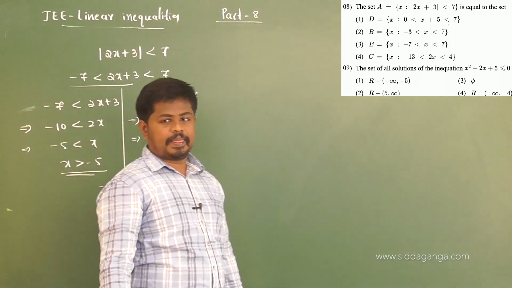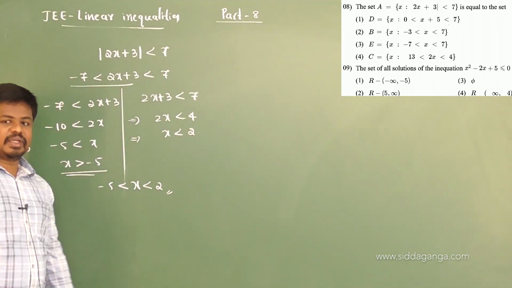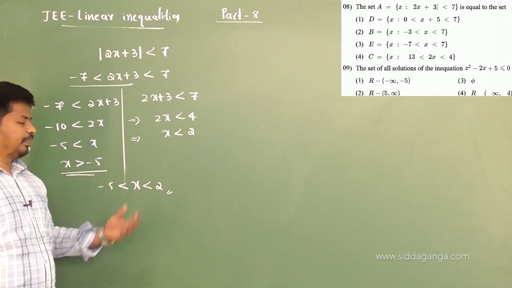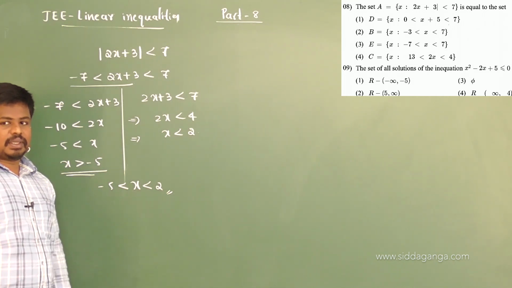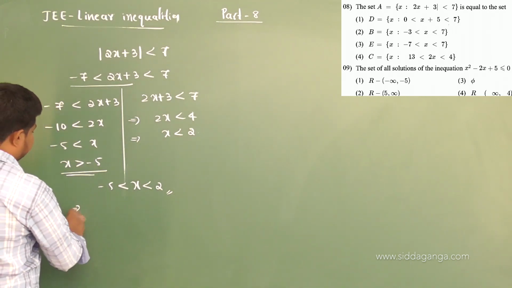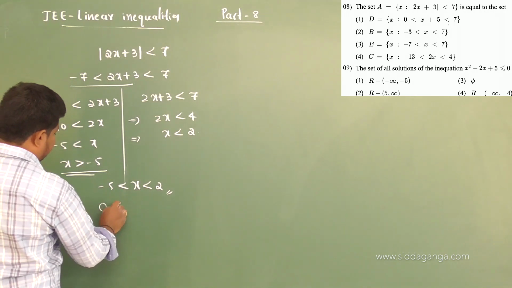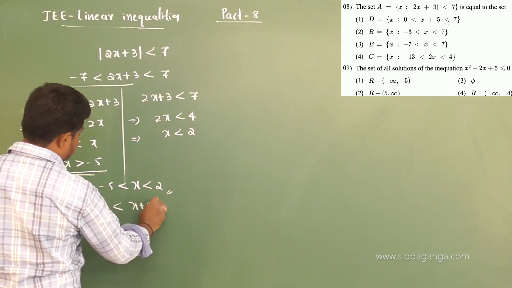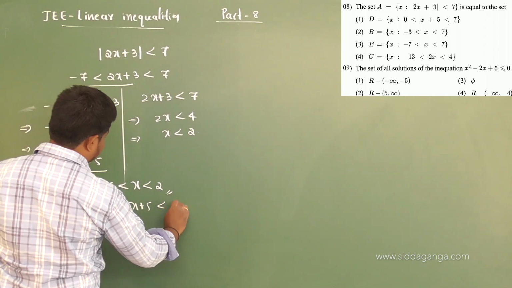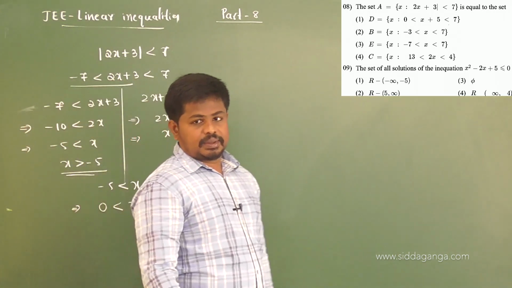Yes, among the 4 options we do not have this. So, very simple, let me add plus 5, you get what? x plus 5, so 2 plus 5 that is 7.